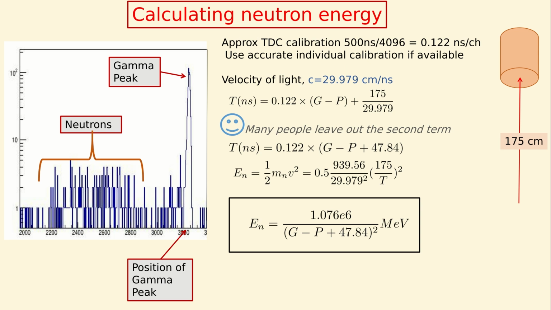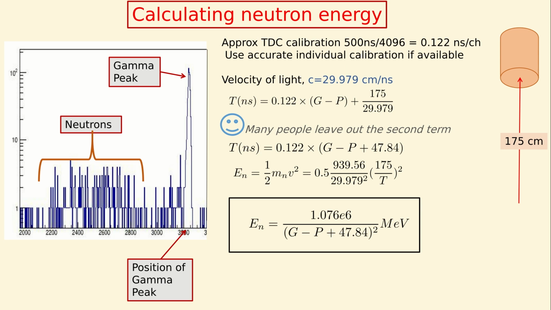I'm going to use 0.122 for all my channels, but in some of the experiments which I did, I found that even if you do the exact calibration, it usually comes pretty close to this 0.122. So for today's lesson, I have taken 0.122 for all the channels. If you have accurate individual calibrations available for all the channels, then please use them, and use them differently for each detector.